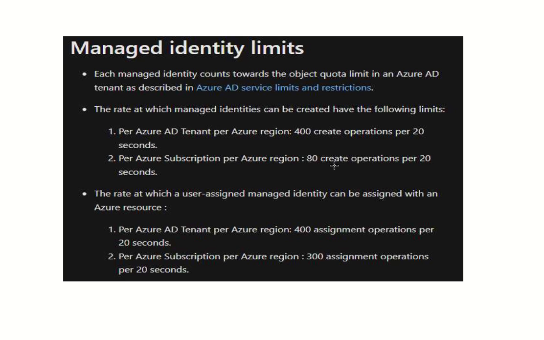So if you create a system assigned managed identity for each and every VM, and within 20 seconds you are not able to create them all, then what will happen? You will receive an error, the rate quota error, right? So we need to consider all these factors, and that's why it's better to make use of user assigned managed identities, because you create only one and associate all the roles and permissions.